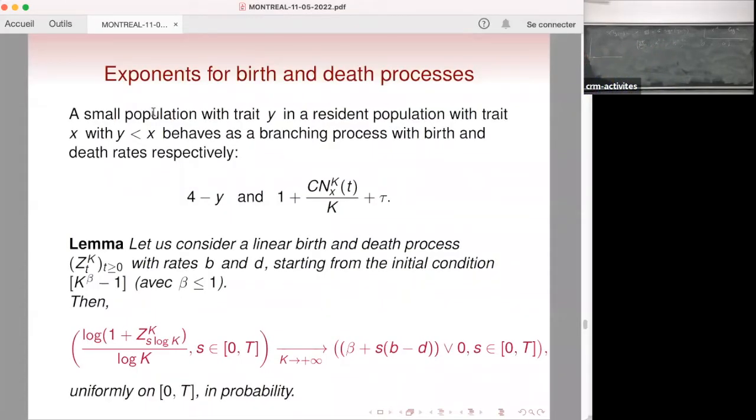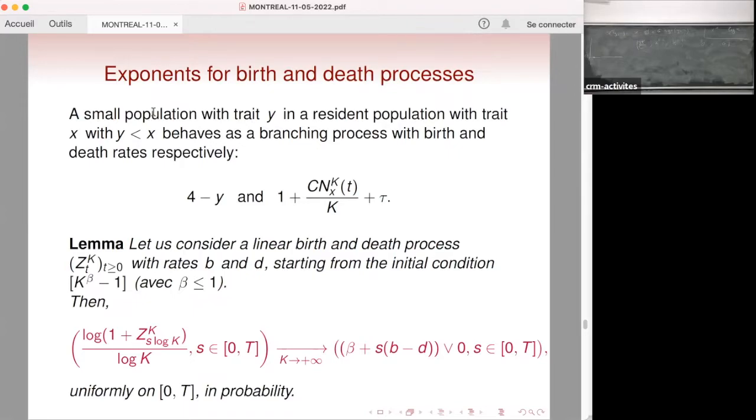Unfortunately, I will not have time to give the proof, but they can be helpful in other situations. So first, you consider a small population with trait y in a resident population with trait x larger than y.